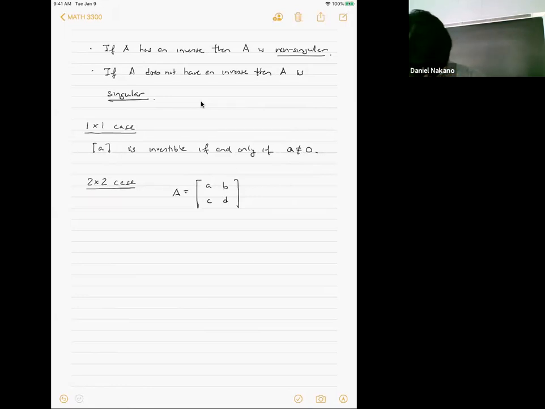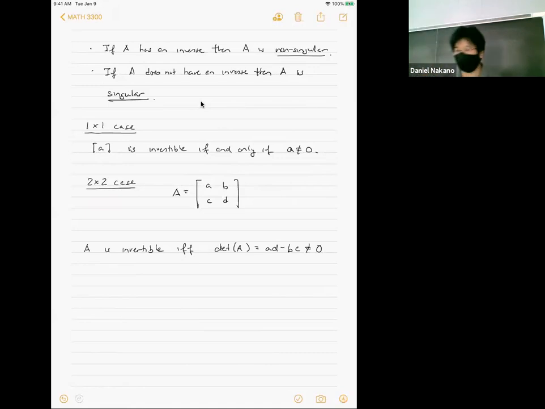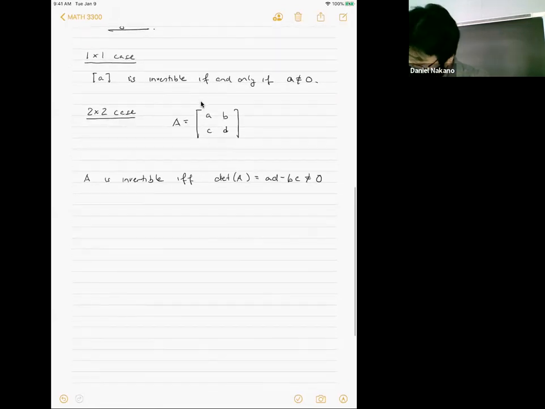So A, first of all, is invertible in this case if and only if, and I'll just write this as a determinant, someone mentioned it last time, AD minus BC is not equal to 0.